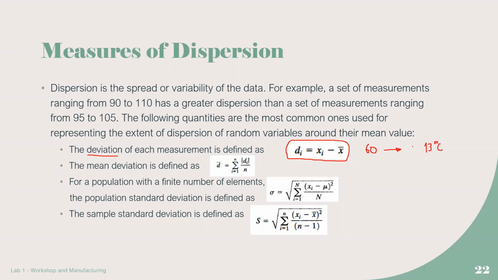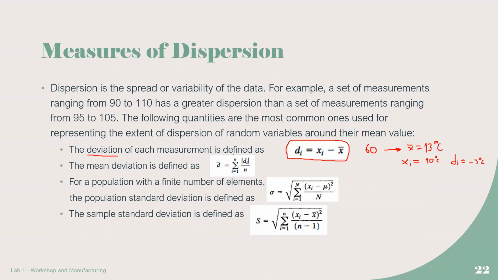This is my average, right? So di is, let's say, xi, the ith measurement, is 10 Celsius. So di, which is the deviation, is equal to 10 minus 12, which is minus 2 Celsius.